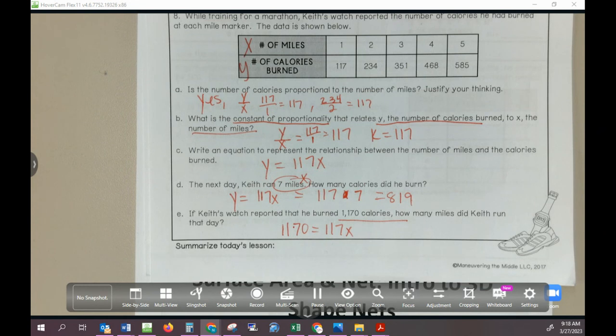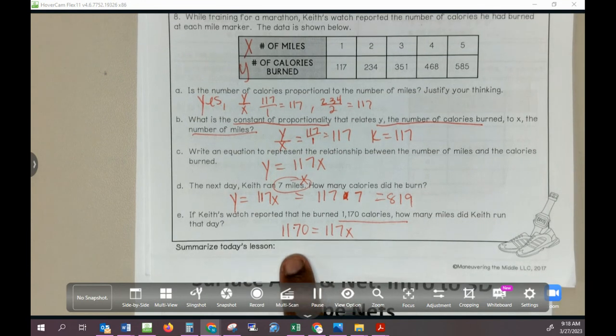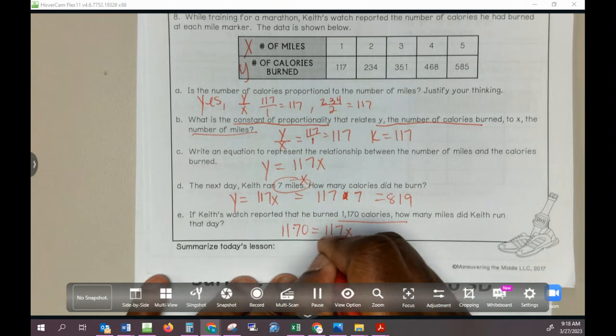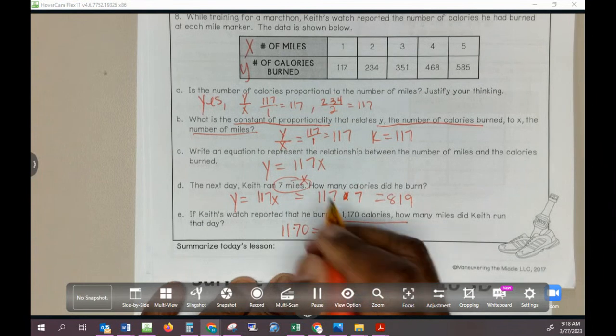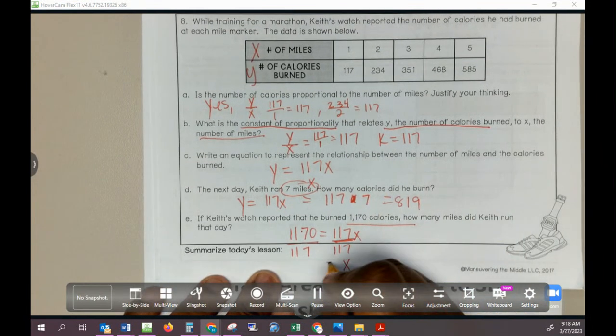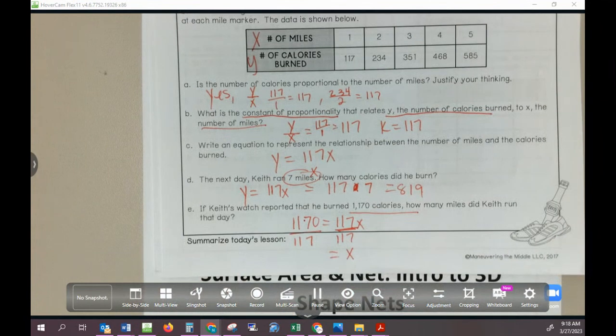Yes, ma'am. Divide by what? Divide by 117, because the goal is to get x alone. This is just a one-step equation. So Jordan, what are you left with?